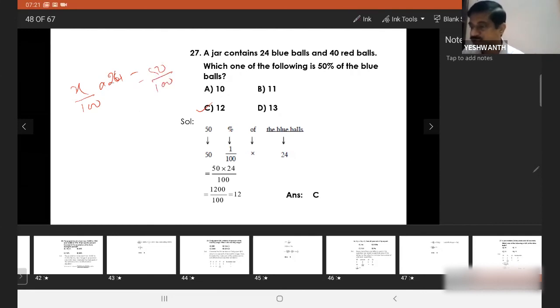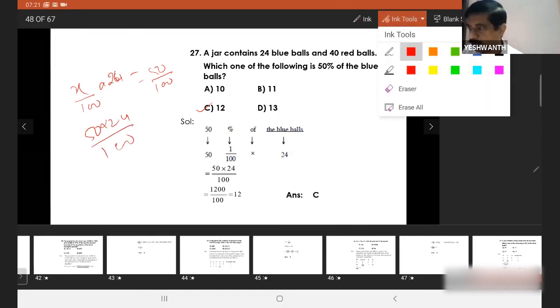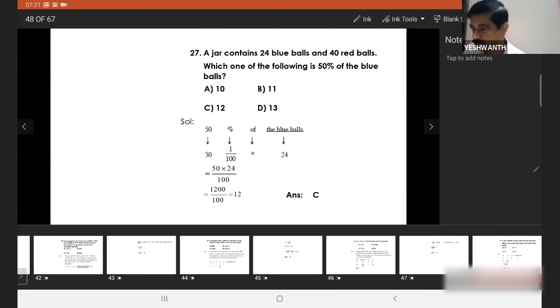So that means if you take this here, you'll be getting it as 50 into 24 by 100. Okay. So this is already shown here. So 50 percentage of blue balls, 50 by 100 is 50 percentage, of means into, blue balls is 24. That is X.